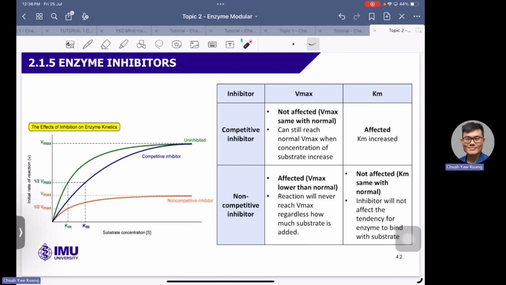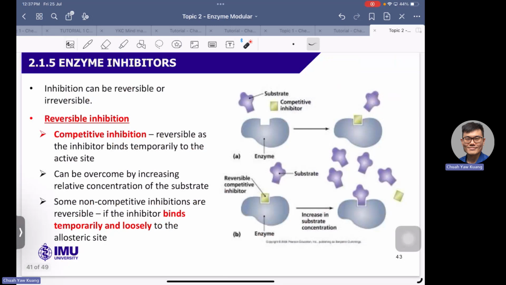This is a summary. Lastly, reversible inhibition. All the competitive inhibitors are reversible. Some of the non-competitive inhibitors can be reversible as well.